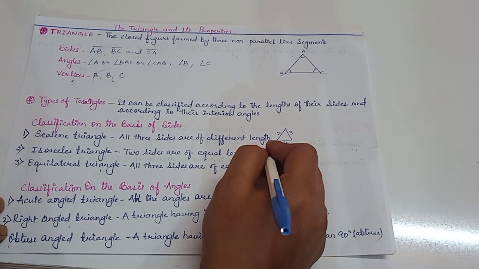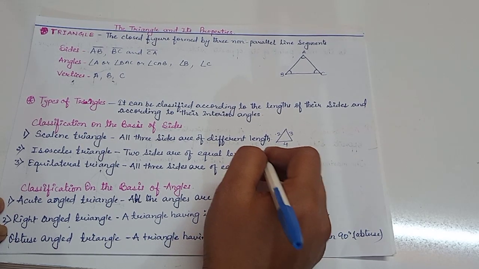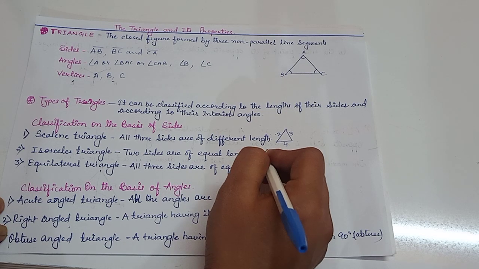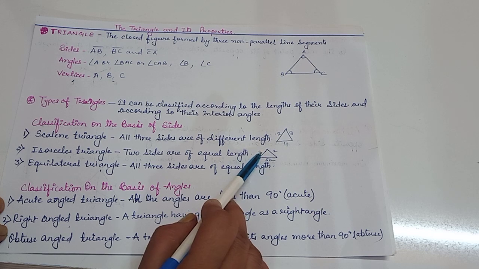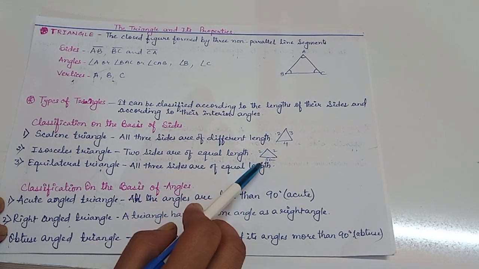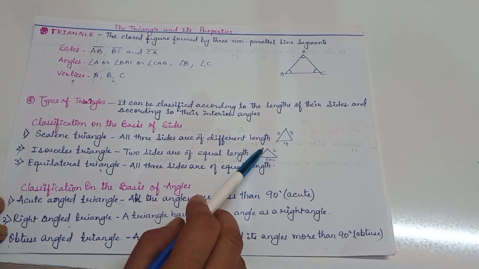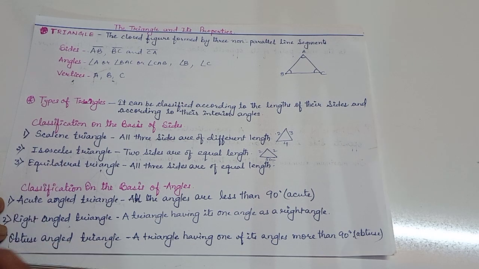But in case you have a triangle like this, where here you have 5 centimeter, here you have 2 centimeter, 2 centimeter, you can see the two sides are equal and one side is unequal. So when two sides are equal, it is called an isosceles triangle.